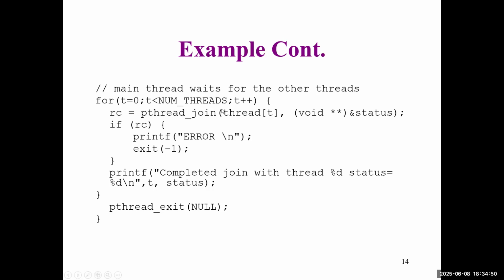I do pthread_join on each thread in a loop. Now rc should be 0 if it succeeds. So if I ever get a non-zero, I'm going to stop and close the program. And if they all succeeded, then I can write completed join with thread. Okay.